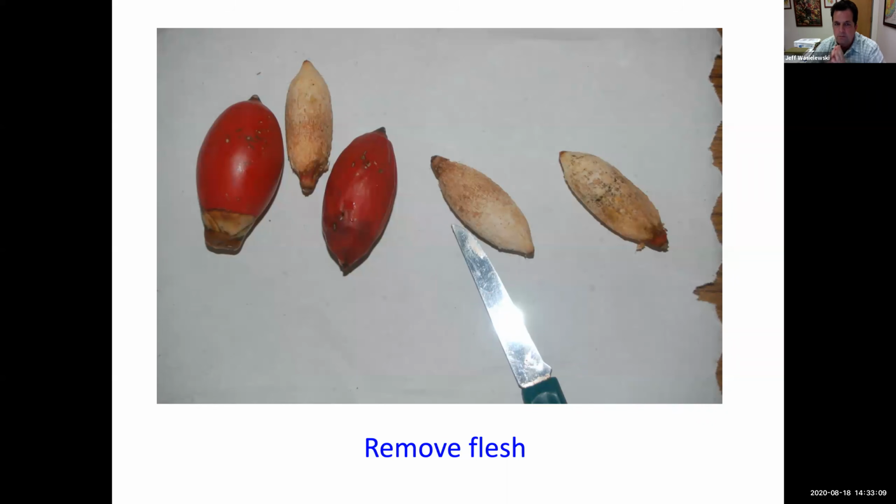This is a palm. You see the palm's flesh on the left, and palm flesh is sometimes red, sometimes orange, sometimes white, but it goes from green to one of those colors to let you know it's mature. You take off that flesh, and they did it here with a knife because it was difficult to take off.